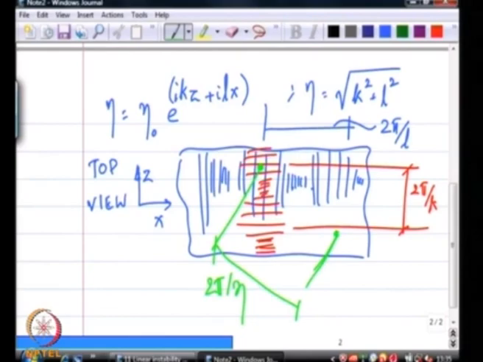So, having two wave numbers in two orthogonal directions is really no more complicated than having one wave number in one rotated direction and 0 wave number in the other.